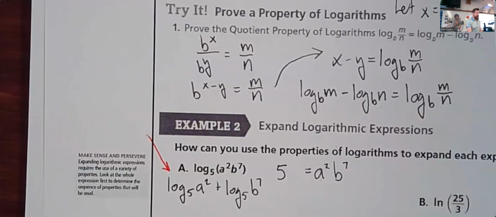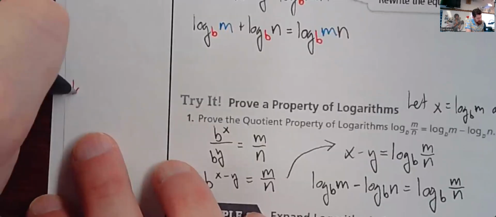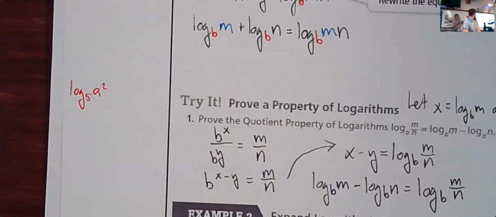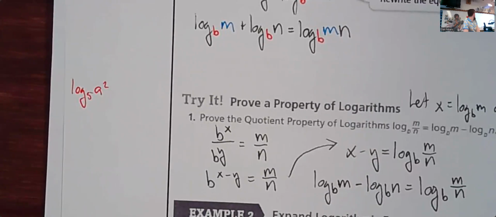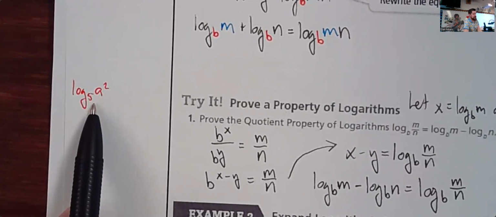So up here, we've got log 5 of a squared. So I'm going to give myself quite a bit of space. What would that look like in exponential form as opposed to logarithmic form?